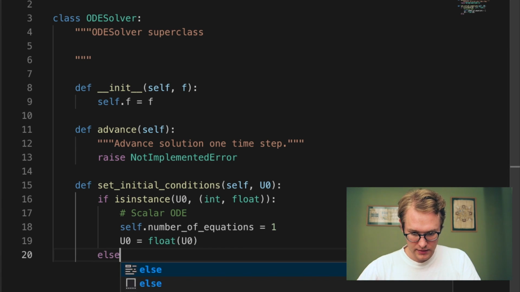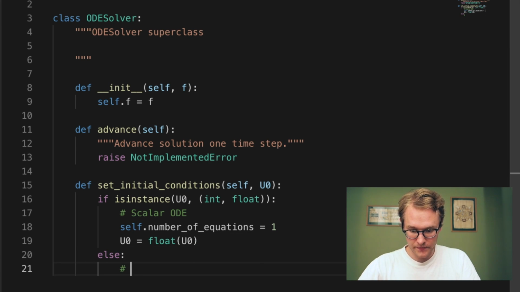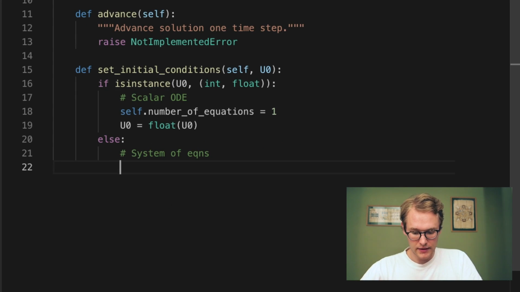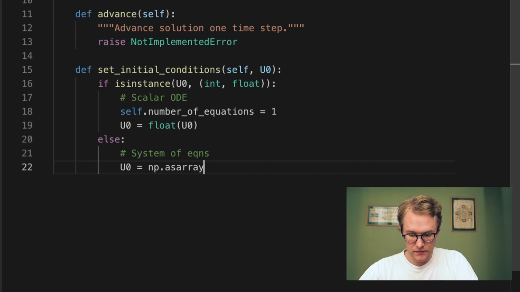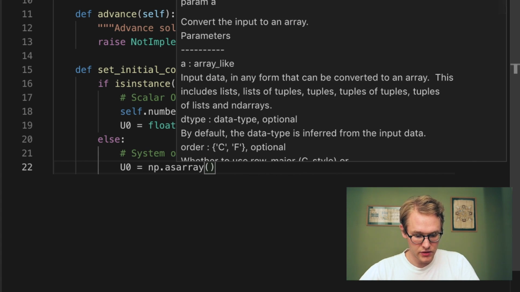And else we'll have a system of equations, and U0 will be an array using this numpy method.